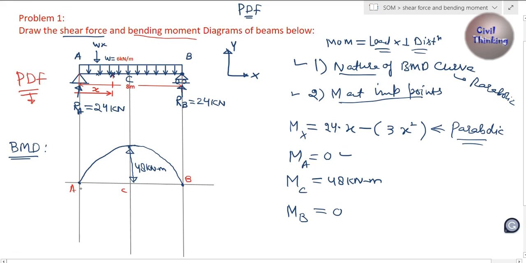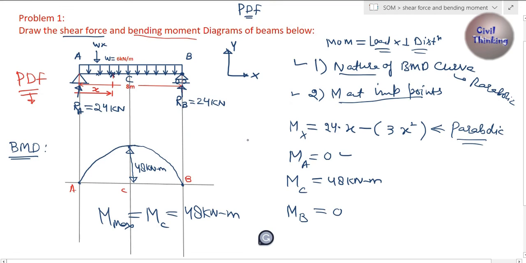As you move from A to C, the bending moment is increasing. And as you go from C to B, it decreases to 0. And from this diagram you can also see the maximum moment, because here you can see this is the maximum altitude in this diagram. So the maximum moment, M max, is located at point C, which is 48 kilonewton meter.